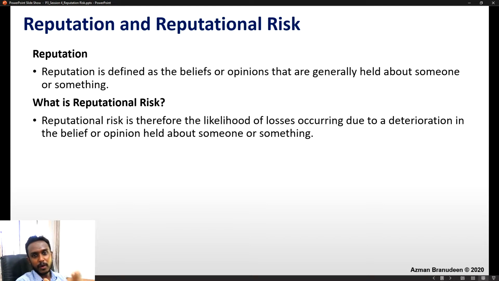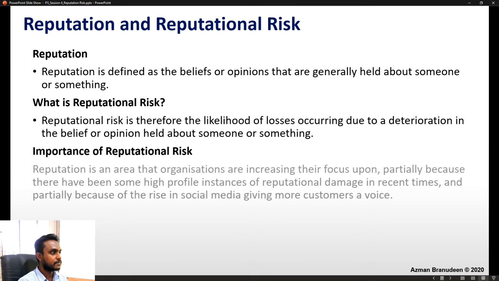Everyone and everything has a reputation associated with it, and if that reputation is in danger of getting damaged, there you have reputational risk.